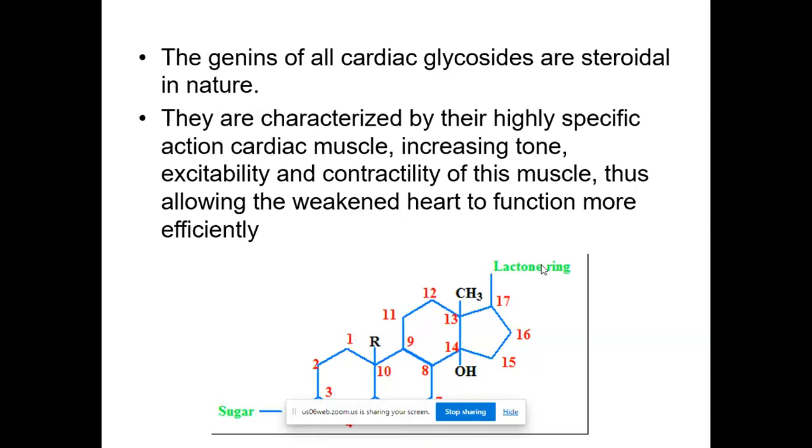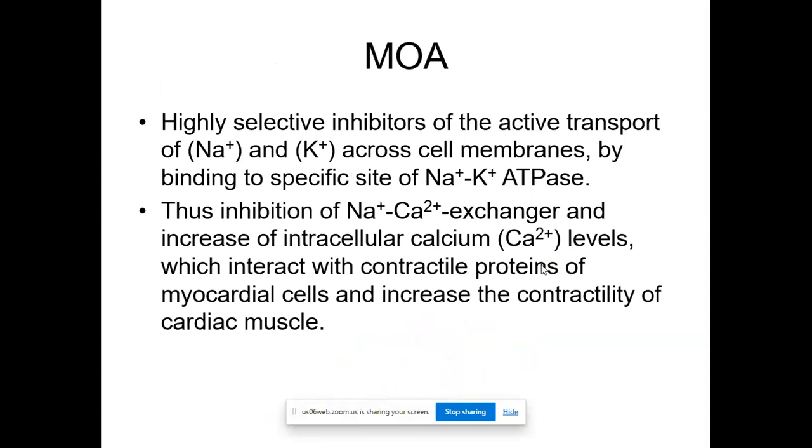Yeah. So the mechanism of action. You remember the CHF we were talking about. So normally the sodium potassium ATPase pumps out sodium and pumps in potassium, which affects the sodium calcium exchanger, which pumps in the sodium and out the calcium.